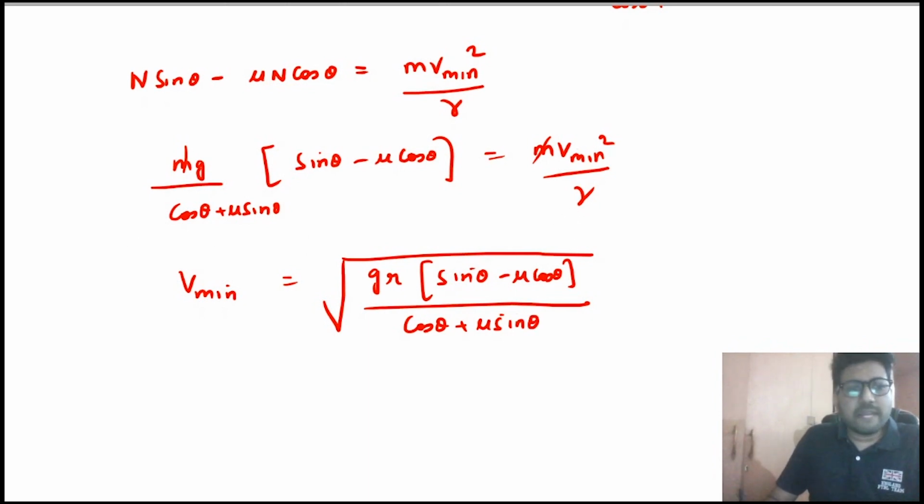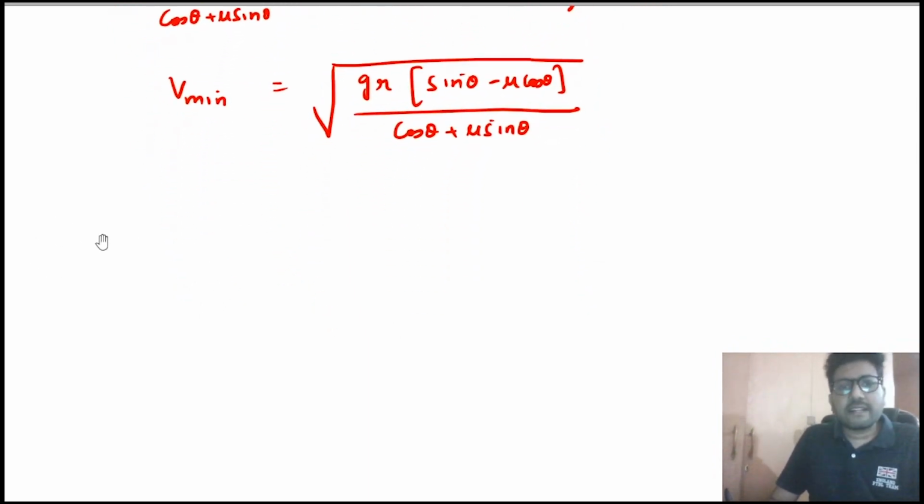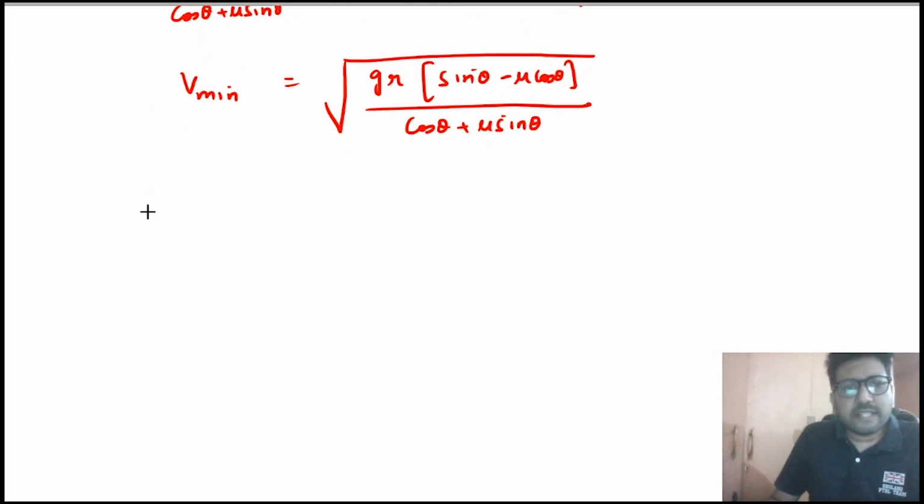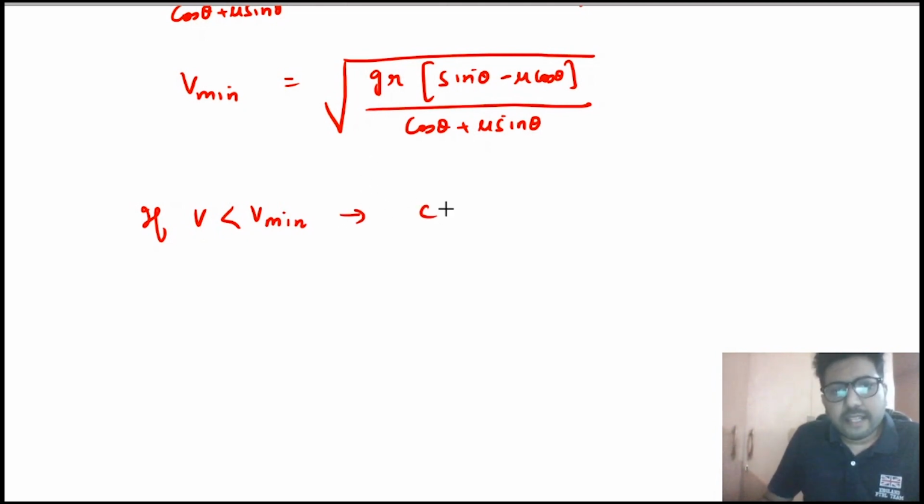So this is the minimum speed that the car can take to make the turn. That means if v is less than the minimum velocity, if the speed of your car is less than the minimum velocity, in that case the car will slip downwards along the banking incline.